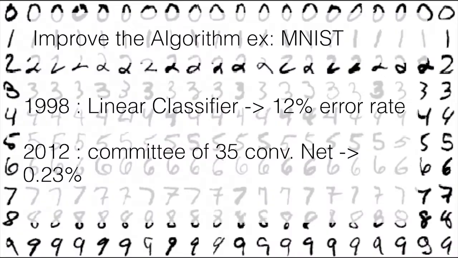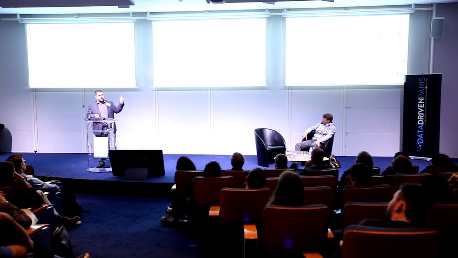Back in 1998, a basic linear classifier made a 12% error rate. And in 2012, a committee of 35 convolutional neural networks took this error rate down to 0.23%, doing better than a human being. It took 14 years of open research to go from 12% error rate to 0.23% with the same data set.